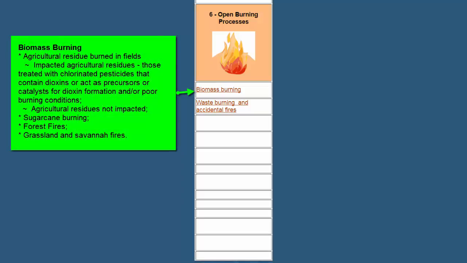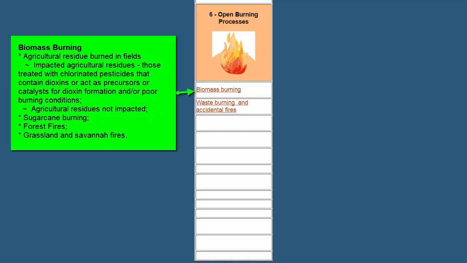One class is agricultural residues said to be impacted because they have been treated with chlorinated pesticides that contain dioxins or act as precursors or catalysts for dioxin formation, and/or are burned under poor burning conditions. And the other is non-impacted agricultural residues. The other three sources in biomass burning are sugarcane burning, forest fires, grassland and savanna fires.